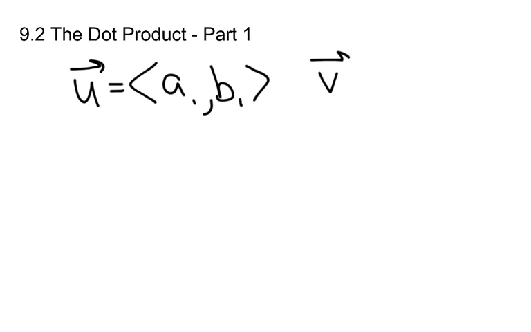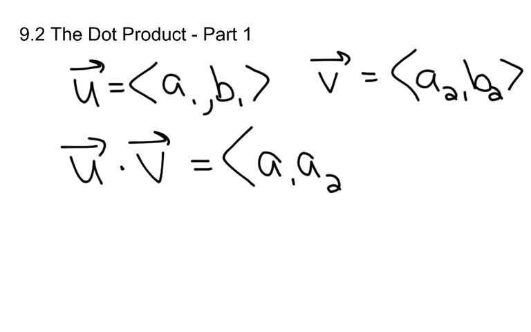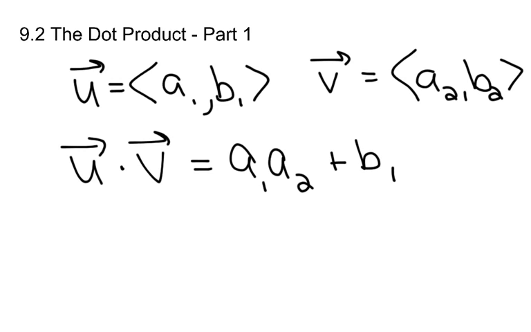It's very easy. If you have vector u, and we'll call that a1, b1, and vector v, which is a2, b2, the dot product, which looks like a multiplication problem, all you have to do is multiply the first component, or the horizontal component of each vector, and then add to that the product of the vertical components.